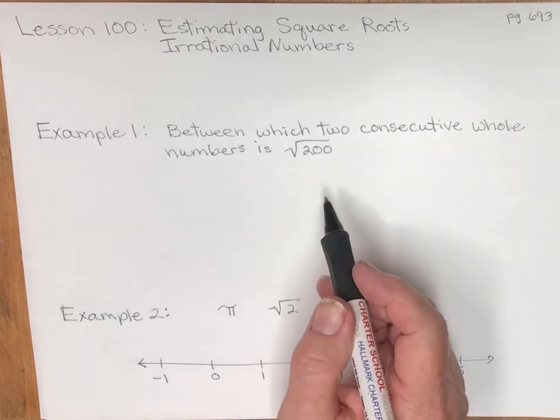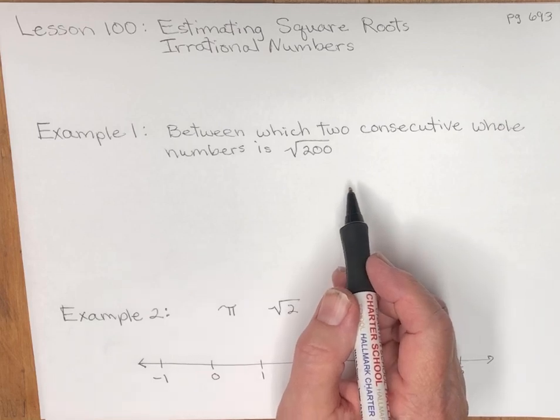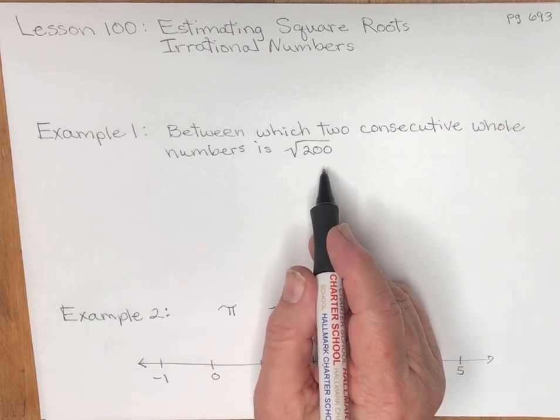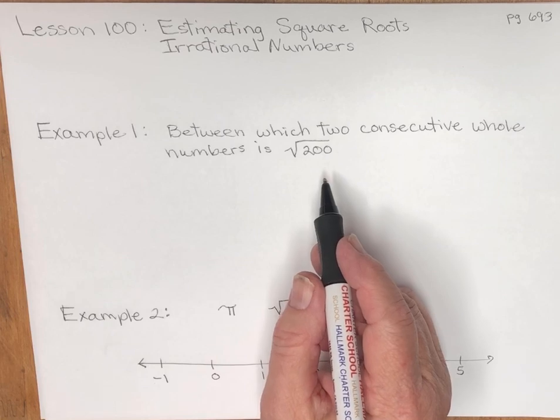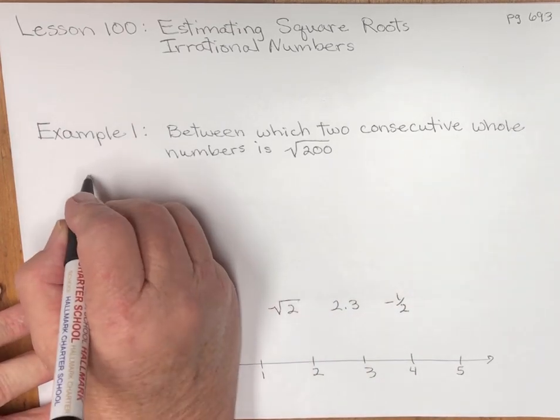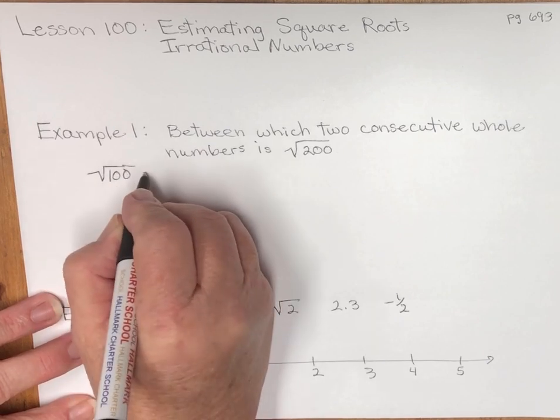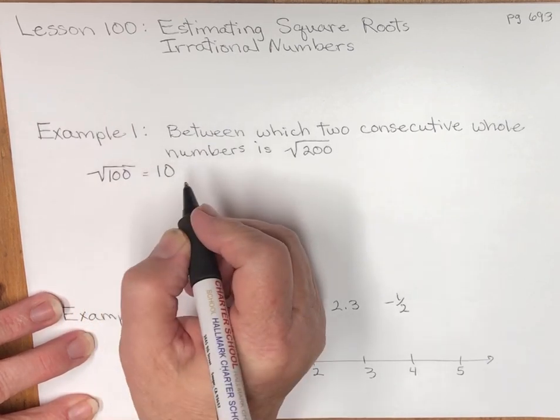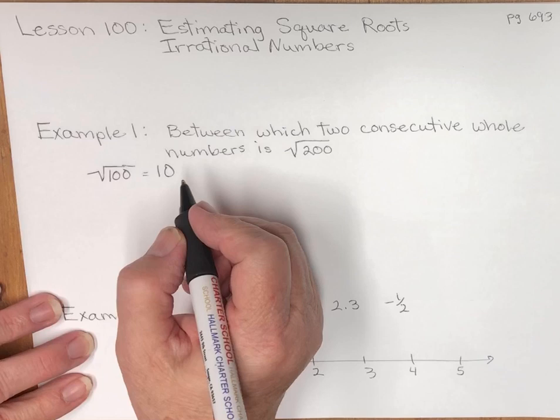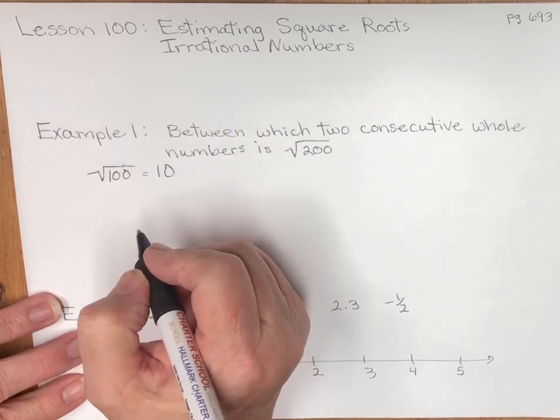Between which two consecutive whole numbers is the square root of 200? Well, as we think about it, the square root of 100 equals 10. And so the square root of 200 is going to be larger than 10.